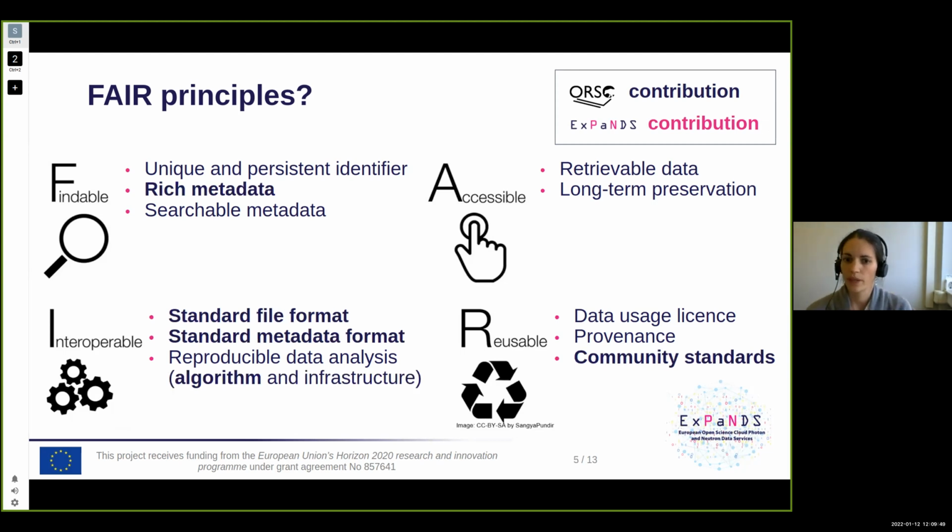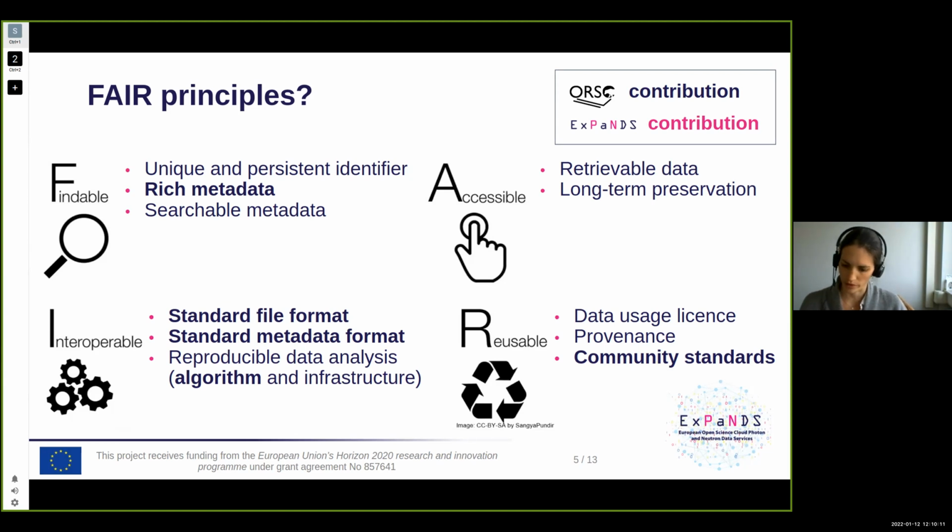If we look at what the facilities are already contributing to these FAIR principles, we see that they do a lot. The rich metadata for the findability, the standard file format and associated metadata that helps a lot in interoperability, making available the algorithms to work with the data, and finally building these community standards for reusability.